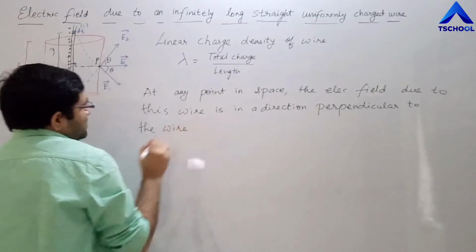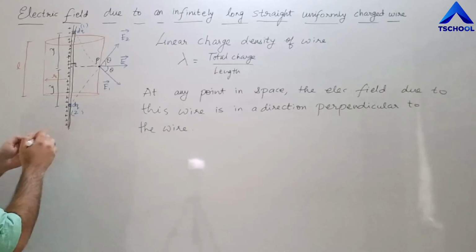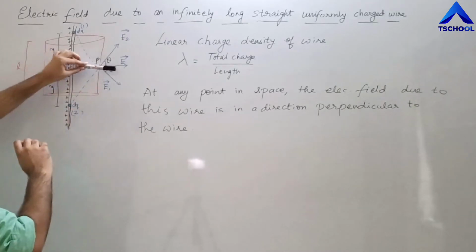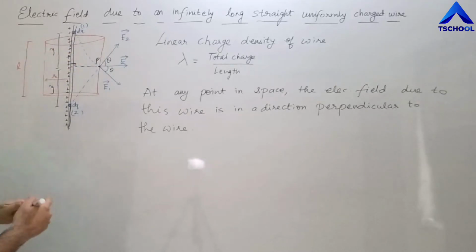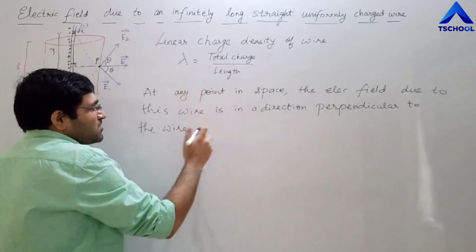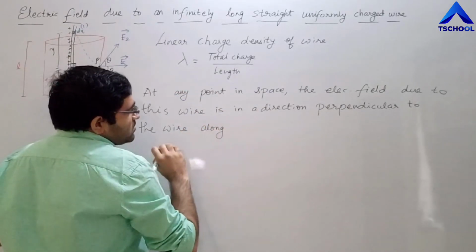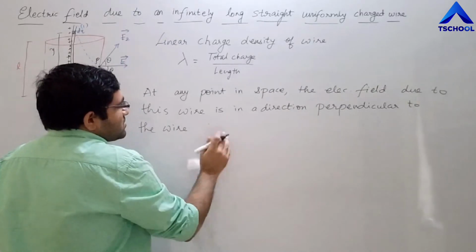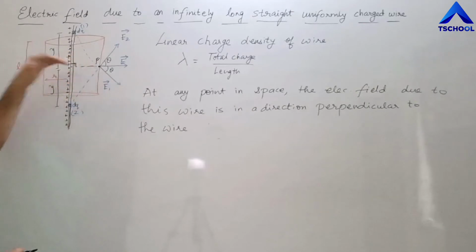What I'm saying is, at this point P, the electric field is in the right hand direction, and it is perpendicular to the wire, as you can clearly see. Let me add a few things. It is in the direction perpendicular to the wire along, never mind. Let's keep it like that. We'll add that later. So at this point, the electric field is in a perpendicular direction, right?